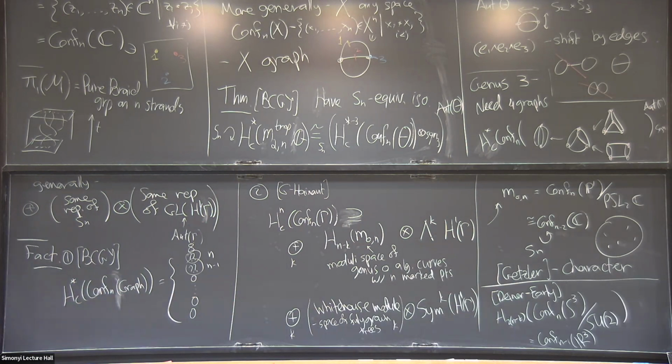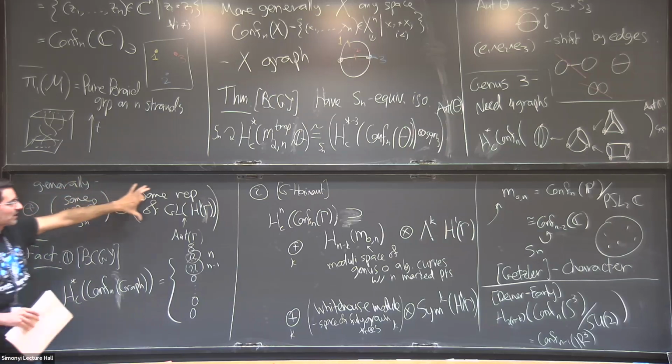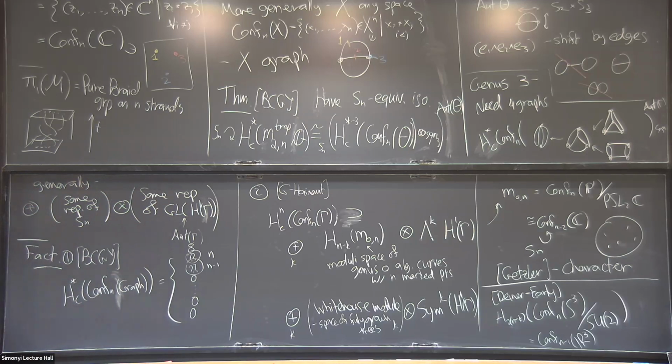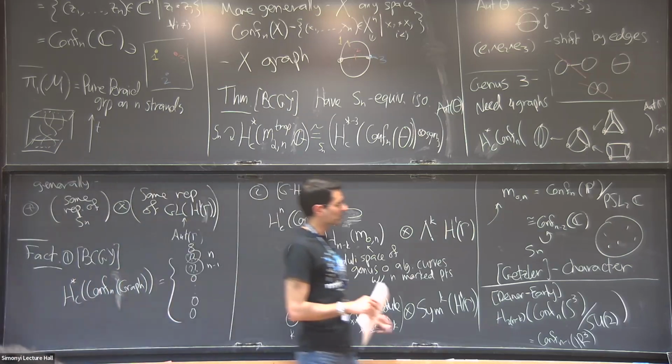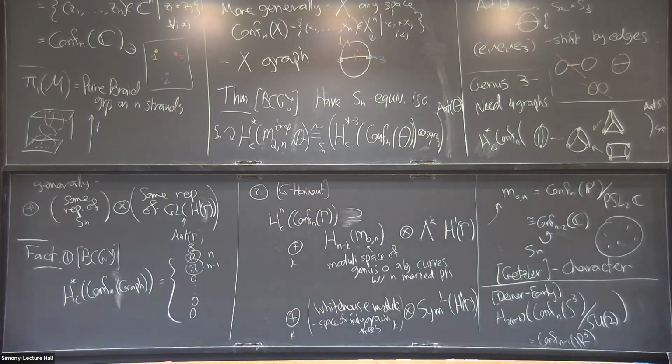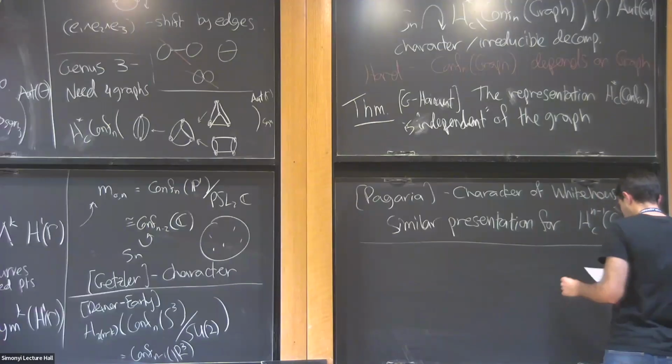So like I said, in general, there's going to be some representation of Sn, some representation of the general linear group. And these are two representations of the general linear group. But there are many more representations of the general linear group.